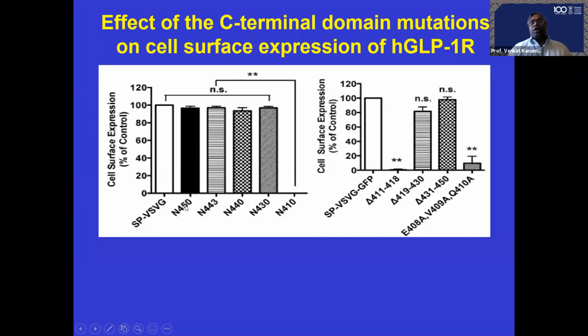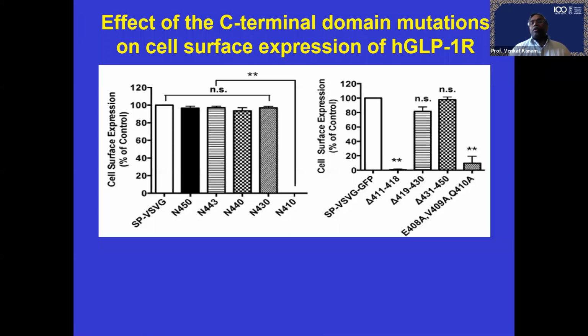The GLP-1 receptor is about 463 amino acids in size, so N450 means there are 450 amino acids left in this deletion mutant. That means we deleted 13 amino acids. Here we deleted 20 amino acids, 23 amino acids, 33 and 53 amino acids at the C-terminus, and studied the effect of the deletion on the cell surface expression of the receptor.